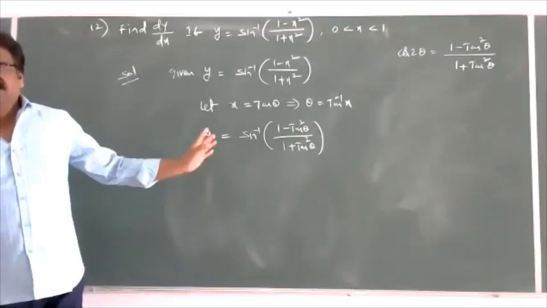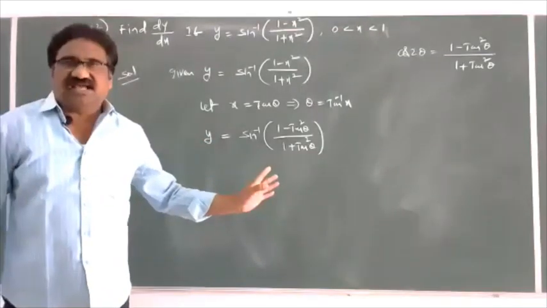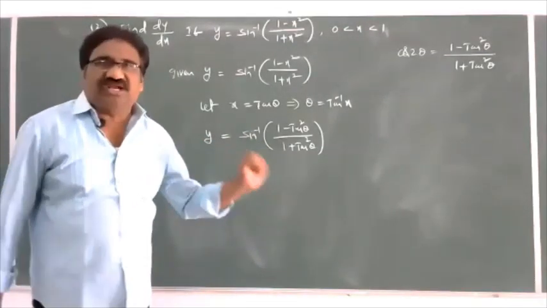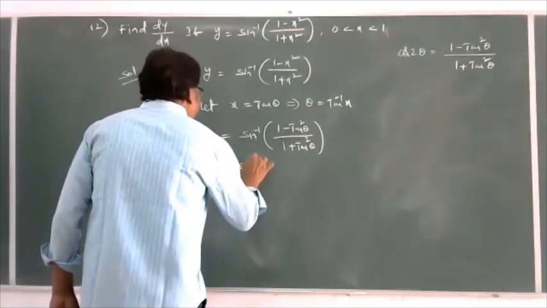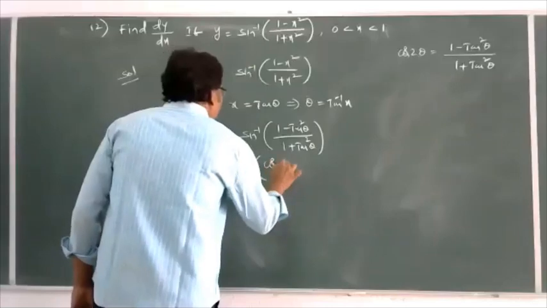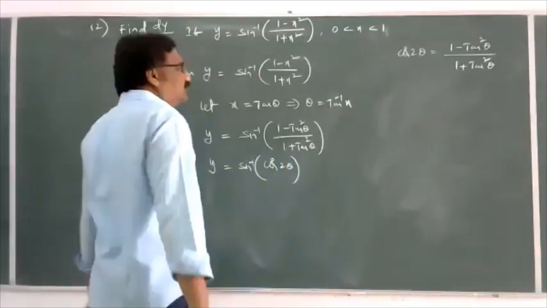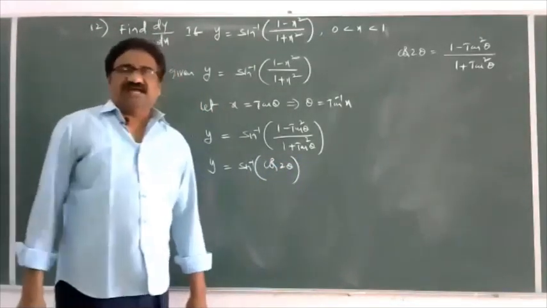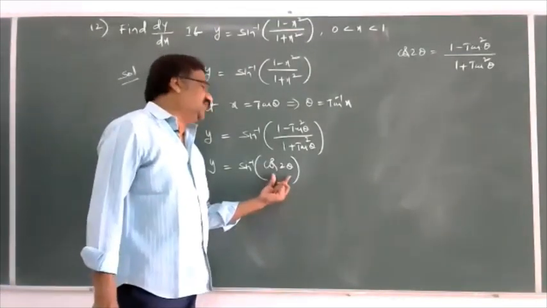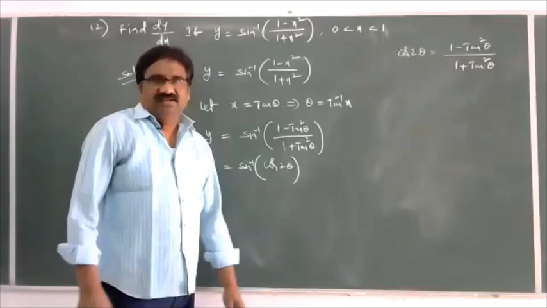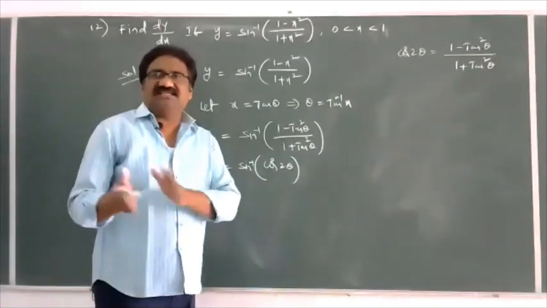So here (1 minus tan square theta) by (1 plus tan square theta) is cos 2 theta. That is, y is equal to sine inverse of cos 2 theta. You can convert this cos 2 theta in terms of sine, since sine inverse of sine x is x.